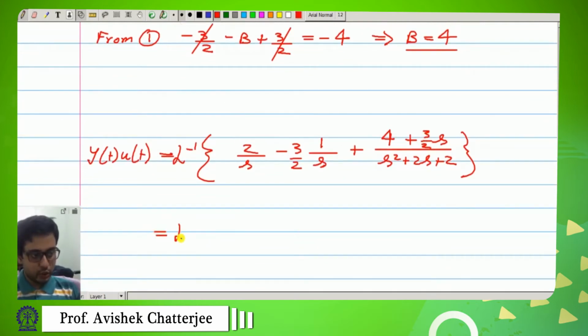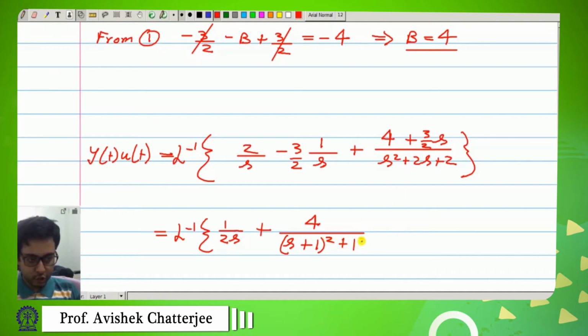Okay, so this is equal to Laplace inverse of 2 minus 3 by 2, that is half, over s, then plus 4 divided by this thing, and this denominator can be written as (s plus 1) whole square plus 1 square.